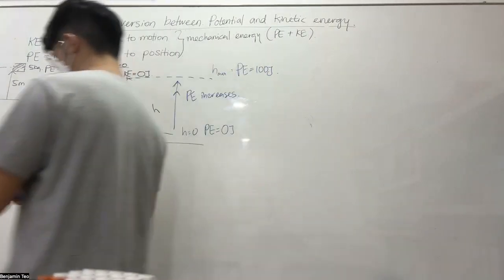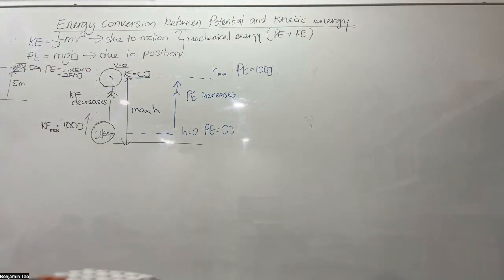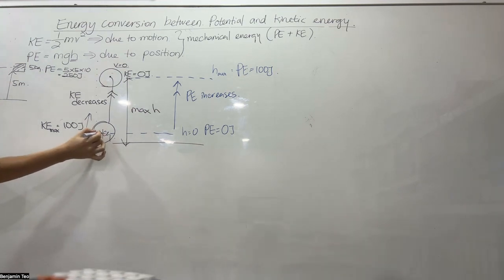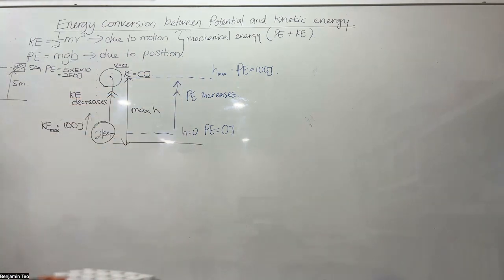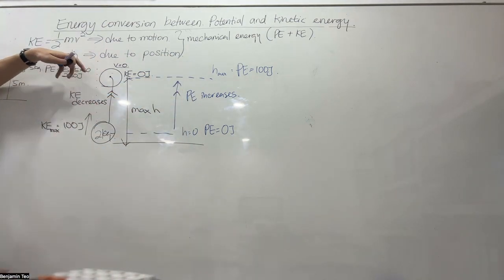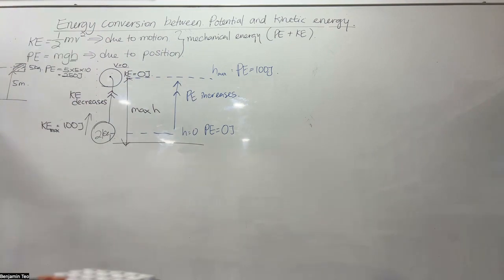Okay, now, 看你的 mechanical energy. 我们先看在 bottom 啊，at bottom 我们的 mechanical energy 是什么？这边我们看到 KE increase, potential energy decrease, KE decrease, potential energy increase. So one increase, one must decrease. If this one decrease, then that one increase.